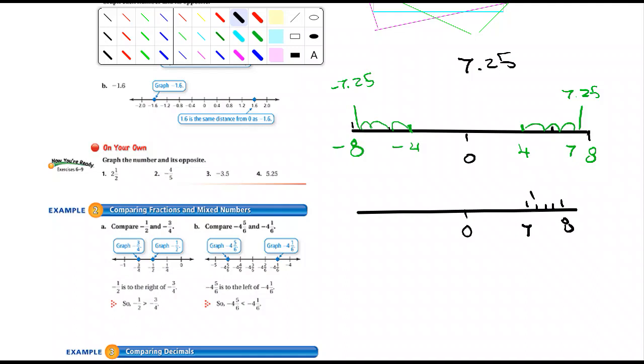So in other words, right here would be 7.25, and right here would be 7.5, and then right here would be 7.75, or 7 3/4. And then for the opposite, again, I would have done a -7 and a -8 and divided that into quarters. There's a -7.25. And this would be a 7.5 and a 7.75, or 7 3/4.